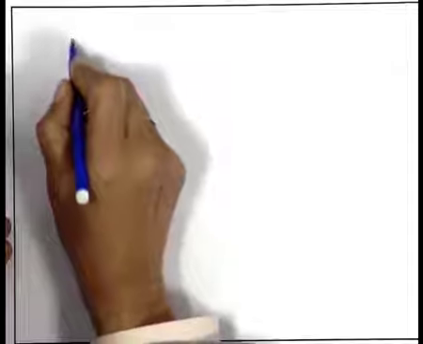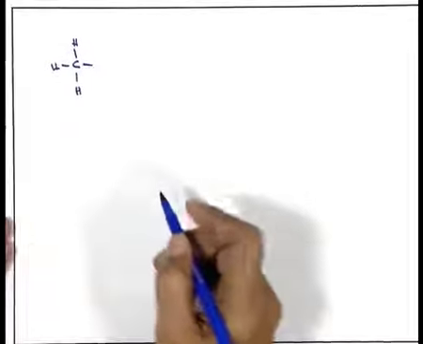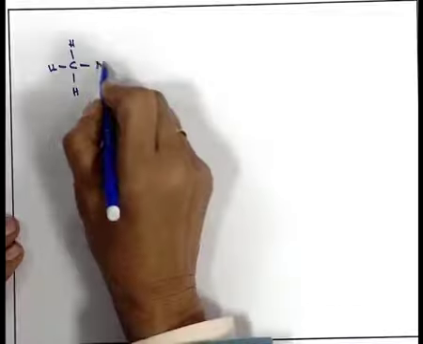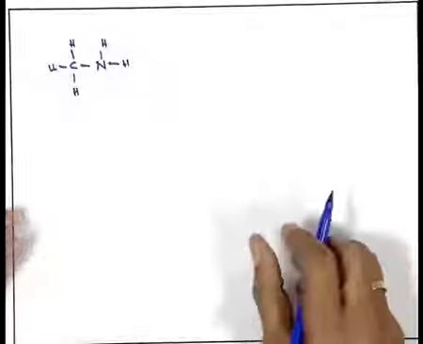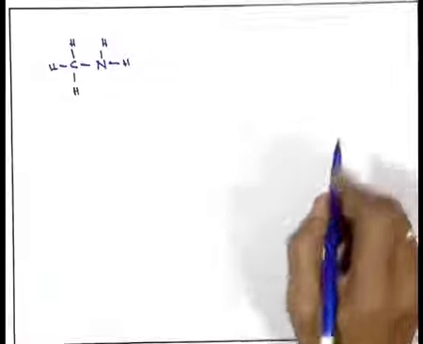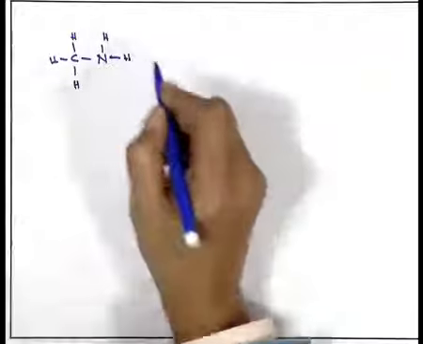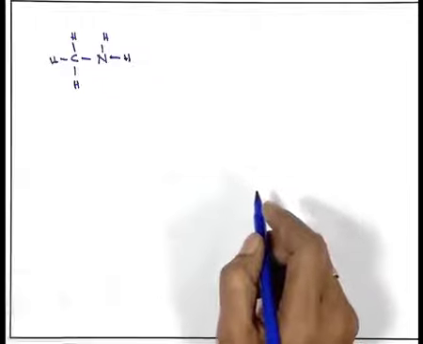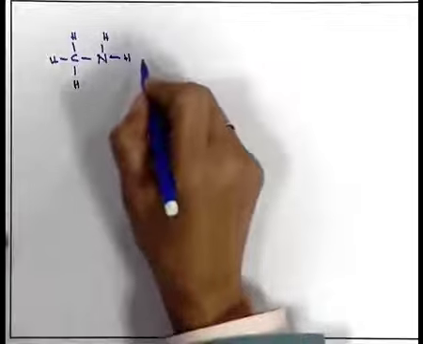As per Bronsted and Lowry's concept of acid and base, an acid is a proton donor, a base is a proton acceptor. So, what will happen if this base accepts the proton, and how will the situation take place?